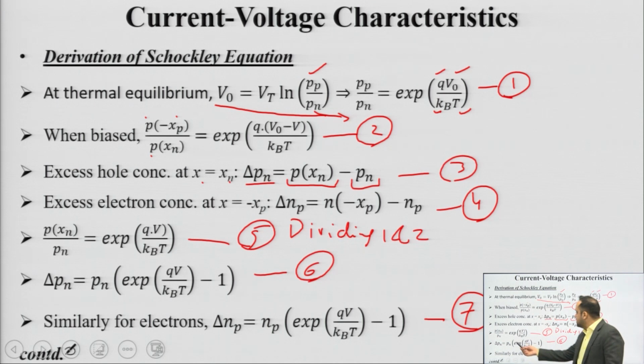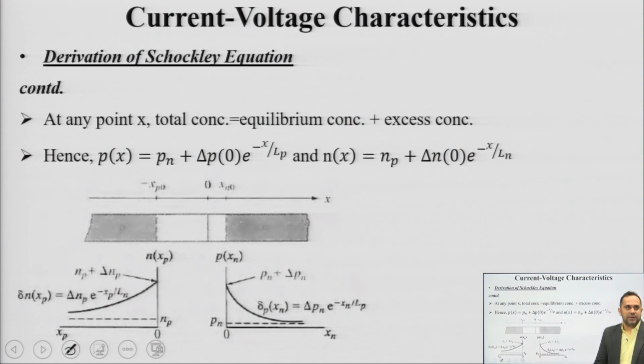Okay. So, this is the excess hole concentration at x equal to xn. This is the excess electron concentration at x equal to minus xp, right. So, these are the expressions which you are going to get for the excess carriers which you have injected, holes injected from P to N, electrons injected from N to P, right.